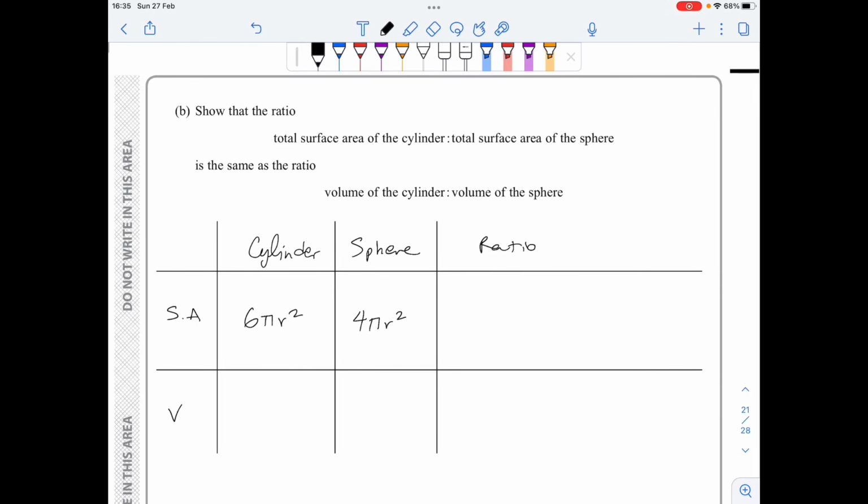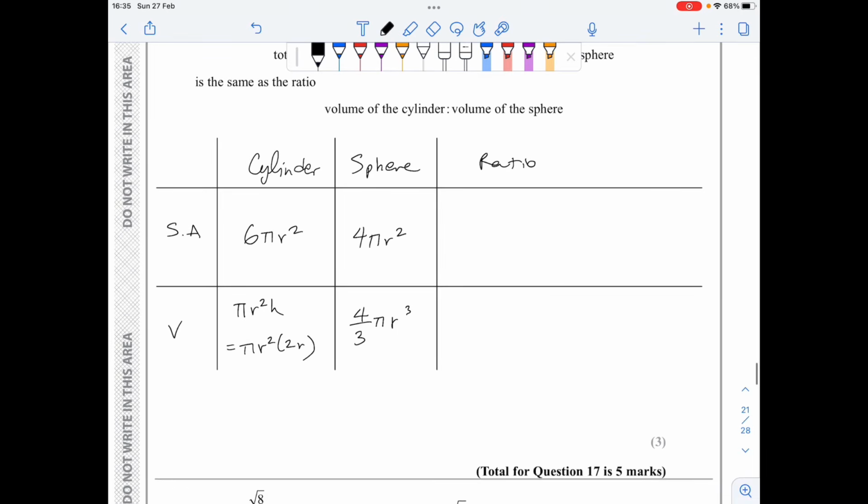The volume of the sphere is 4/3 pi r cubed, and the volume of the cylinder is pi r squared h. This is equal to pi r squared times 2r, which will give me 2 pi r cubed.